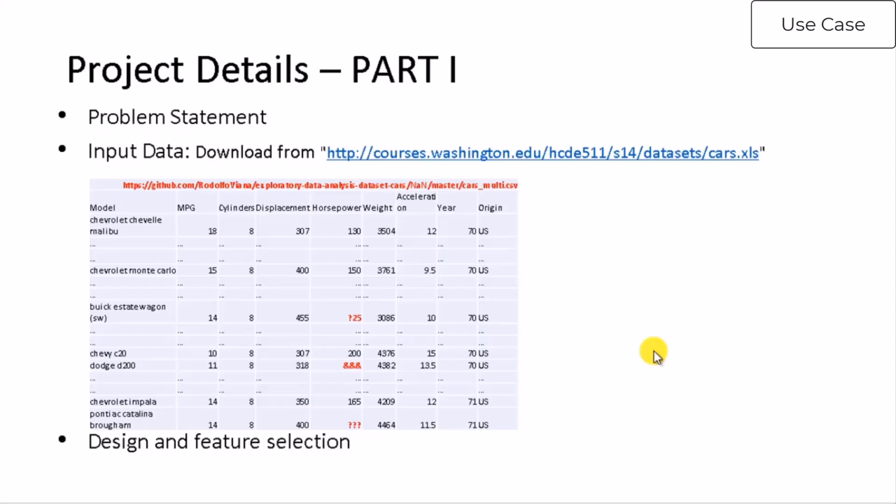For example, if we look at one such model, Toyota Corona, it has a 4-cylinder engine, 113cc displacement, namely total volume displaced in 4 cylinders, 95 HP engine, 2228 kgs weight, 14 miles per hour acceleration, it gets on an average, manufactured in Japan and in year 1971.